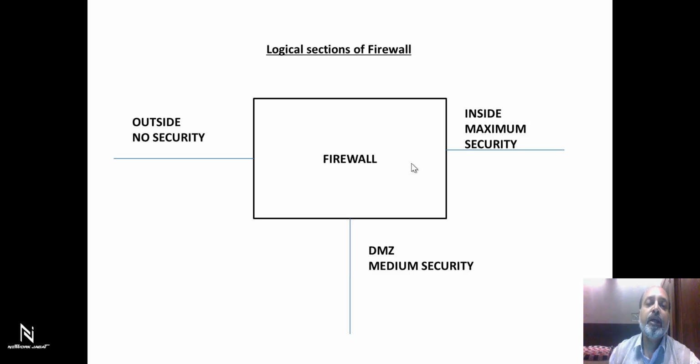By specifying very stringent rule sets, we allow a specific class of traffic from the outside or from the DMZ into the inside. In that way, we meet two purposes. First, we can provide security for the inside users from the rest of the world, and at the same time, the very important traffic for the inside users can also come from the outside zone and DMZ into the inside zone, right?